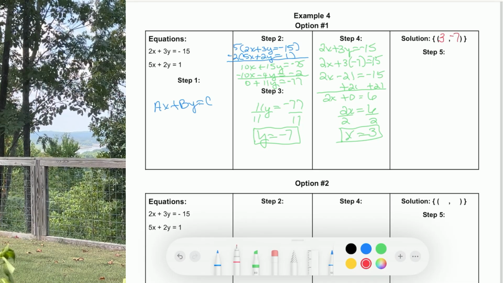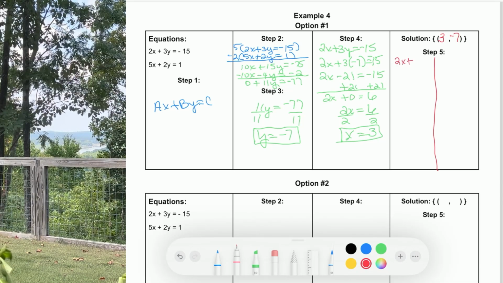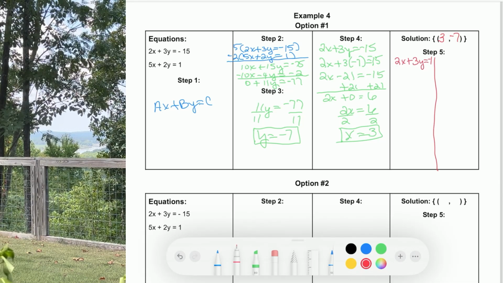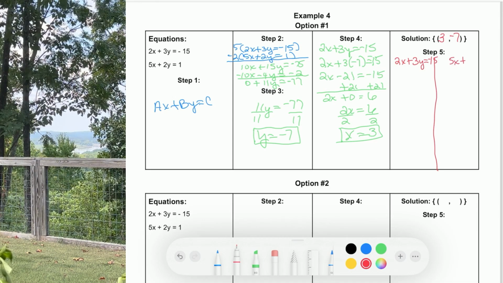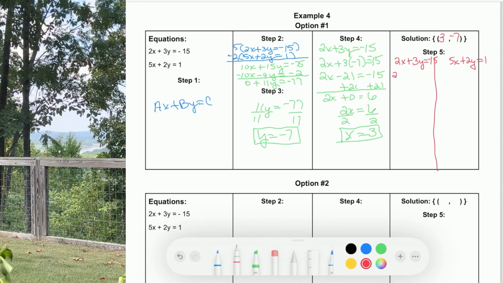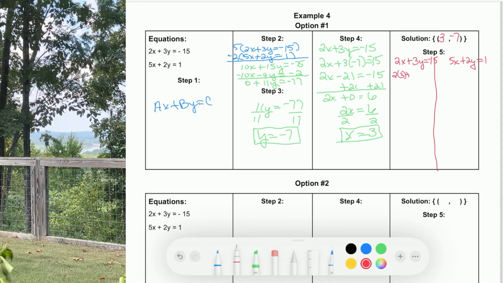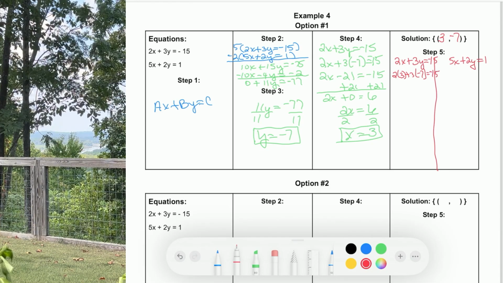So again, we're going to check our work and make sure we have the correct values. So 2x plus 3y equals -15. And then on the other side, I had 5x plus 2y equals 1. All right, so plug in 2 times 3 plus 3 times -7 equals -15.